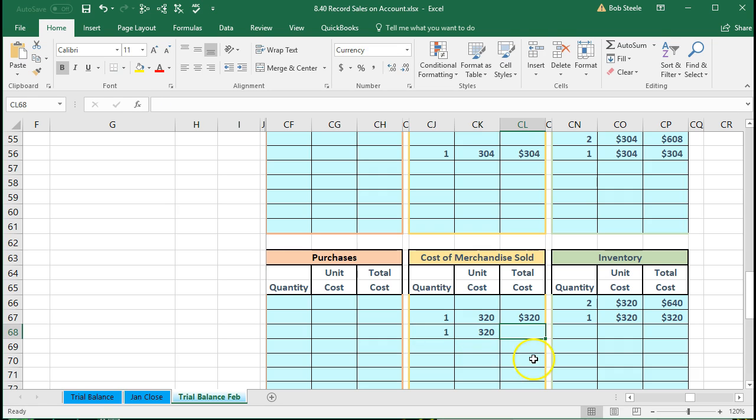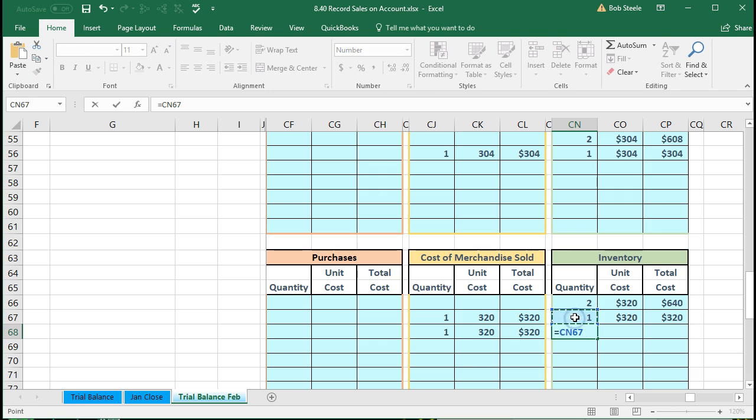So let's calculate how much the total cost would be. We're going to say that it equals 1 times 320, which is 320. How many do we have left then? Well, we had the one and we sold the one. What's in ending inventory? I believe 0. Let's do it with calculation. We'll do it with formulas just to make it complicated.